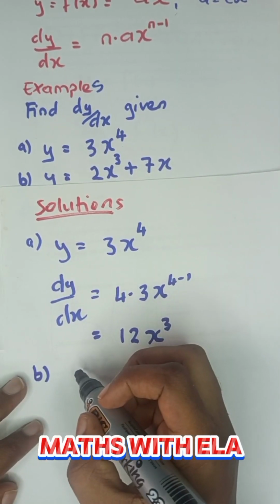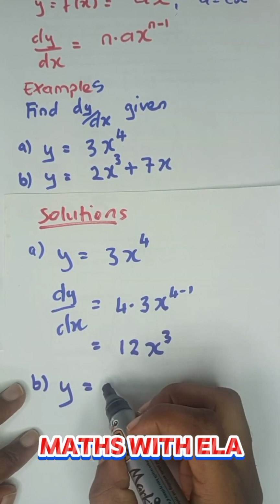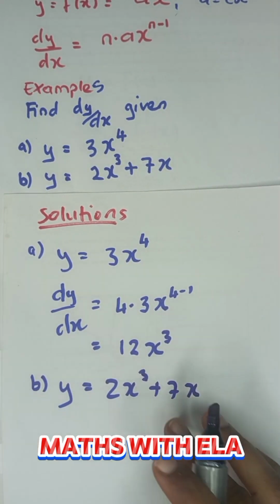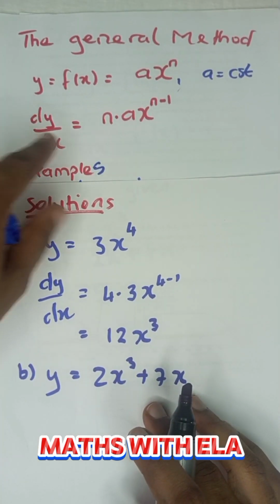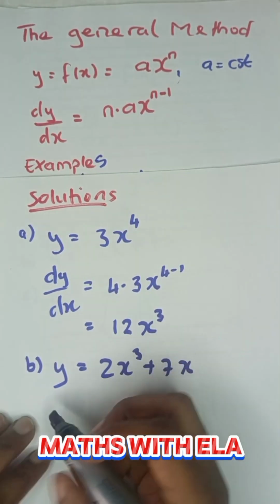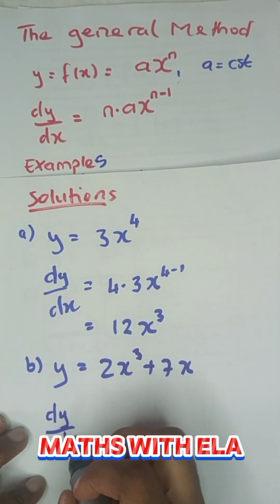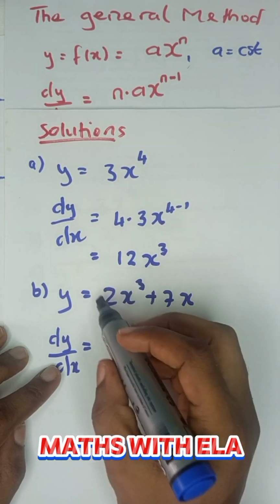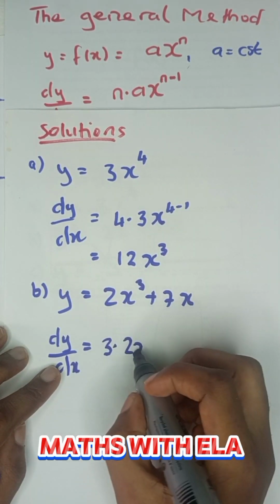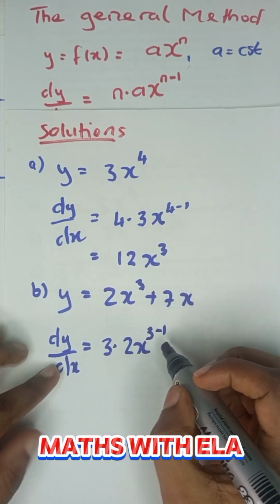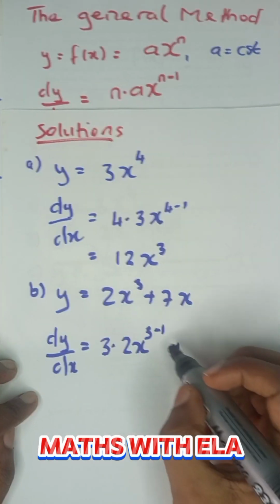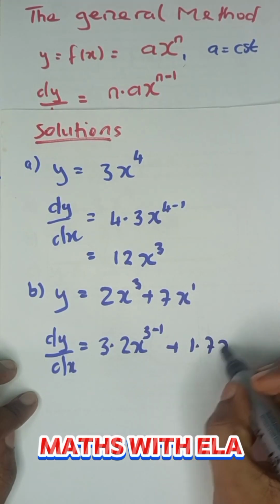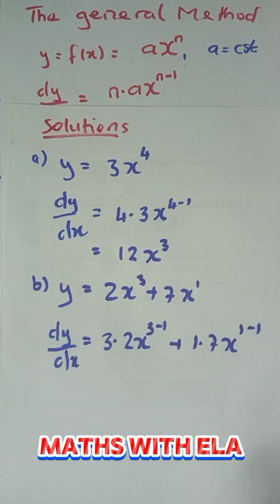Now we have the second example, B. We have to differentiate y equals 2x cubed plus 7x. Again, we go by the general method, differentiating y with respect to x. So we bring down the power 3, so we have 3 times 2x, and you remove 1 from the power, so it will be 3 minus 1. The power of x in the second term is 1, so when you bring down 1, you have 1 times 7x, and again you subtract 1 from that power.